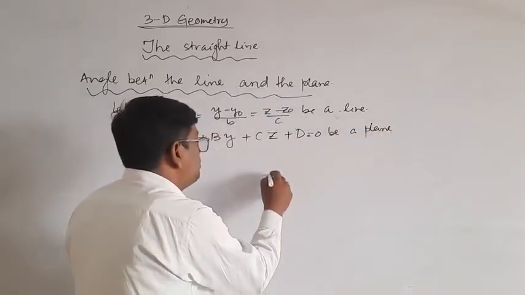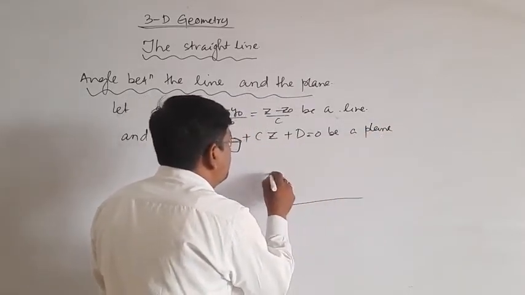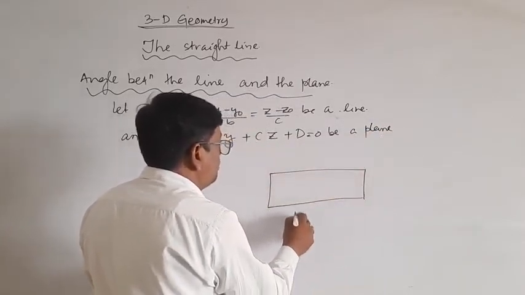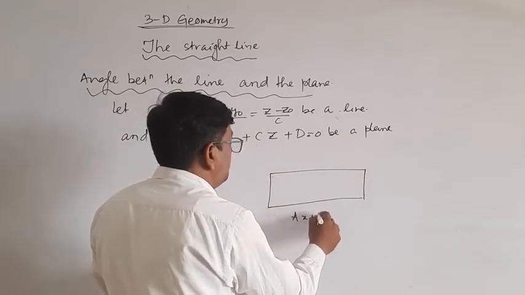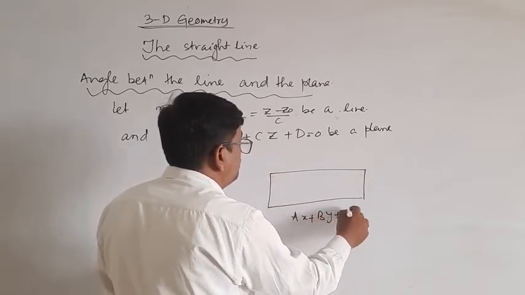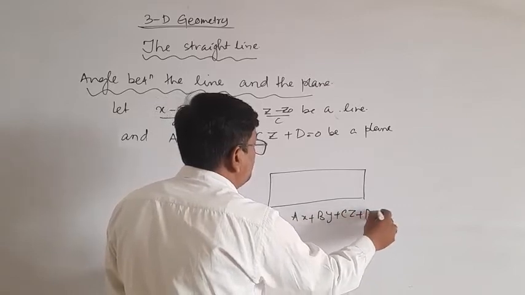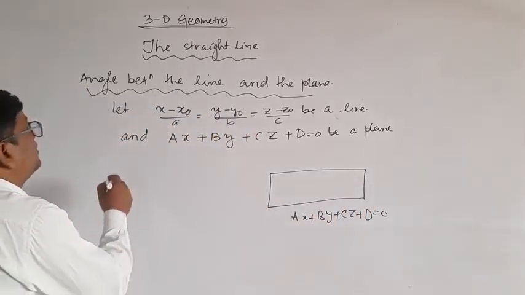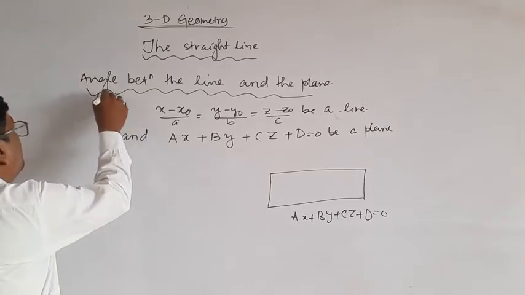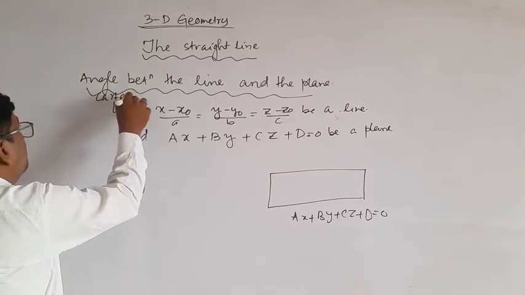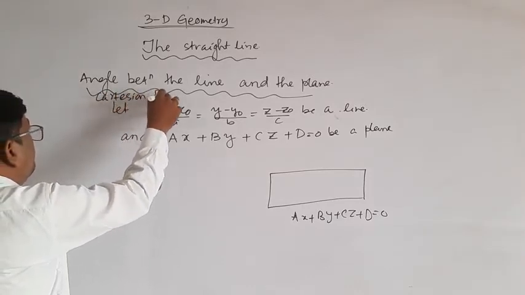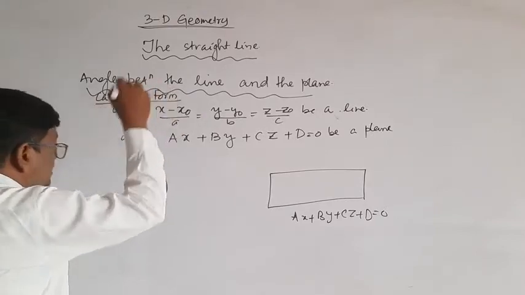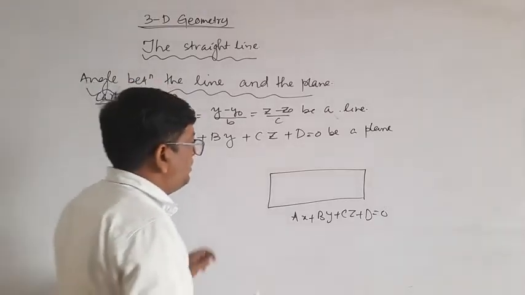This is the plane, whose equation is AX plus BY plus CZ plus D equal to 0. This is Cartesian form.